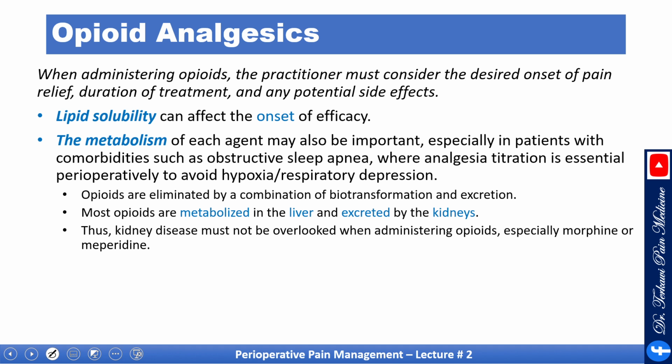It's important, especially in patients with comorbidities such as obstructive sleep apnea, where analgesia titration is essential perioperatively to avoid hypoxia and respiratory depression. Opioids are eliminated by a combination of biotransformation and excretion. Most opioids are metabolized in the liver and excreted in the kidney. Thus, kidney disease must not be overlooked when administering opioids, especially morphine and meperidine.